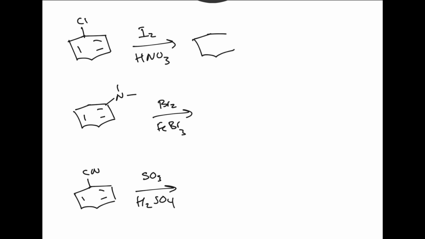So there you go. Br2, FeBr3, that adds a bromine. Nitrogen, right? We're not in the presence of a strong acid, so nitrogen is going to direct ortho para.